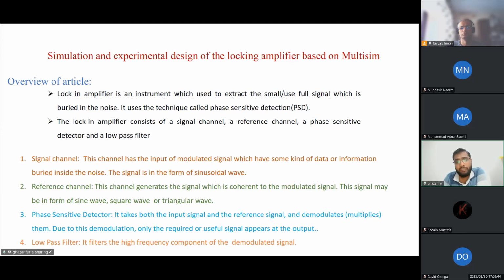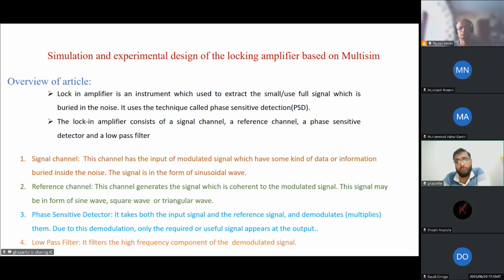The second is the reference channel. In this channel, we generate the signal which is coherent to the modulated signal, and this signal may also be in the form of sine, square, or triangular. The third component is the phase sensitive detector.